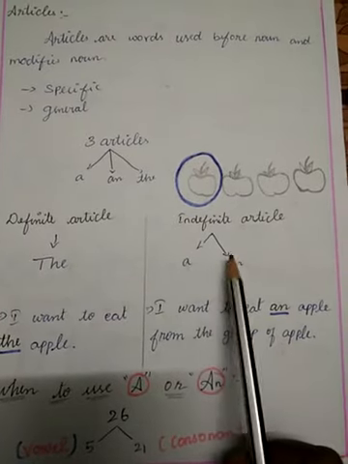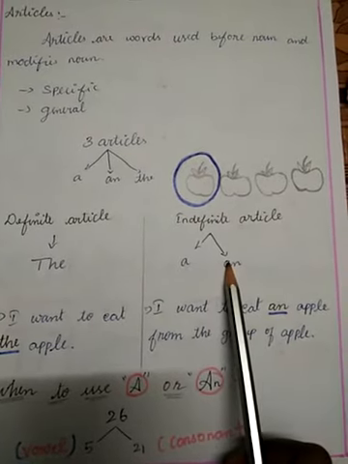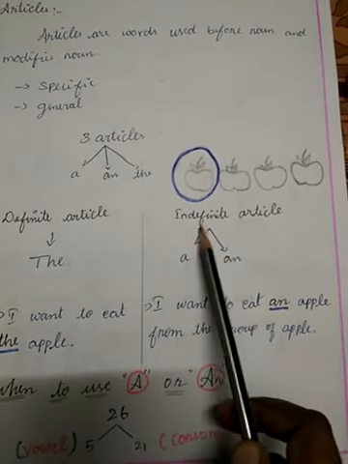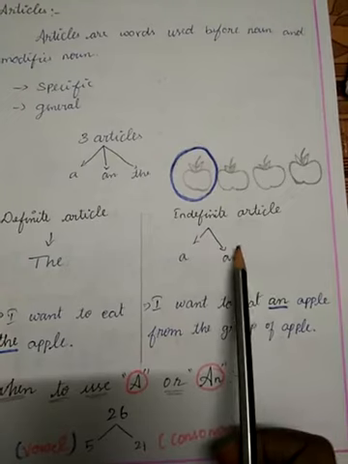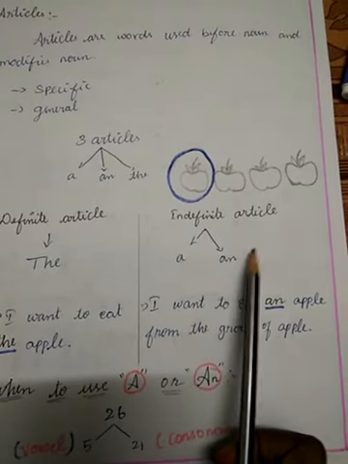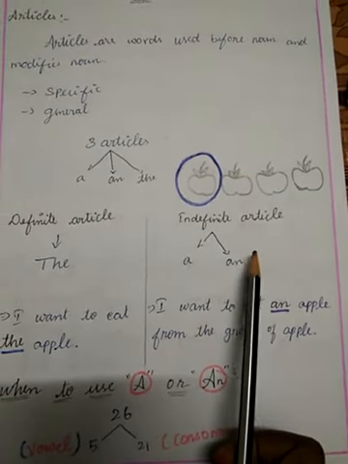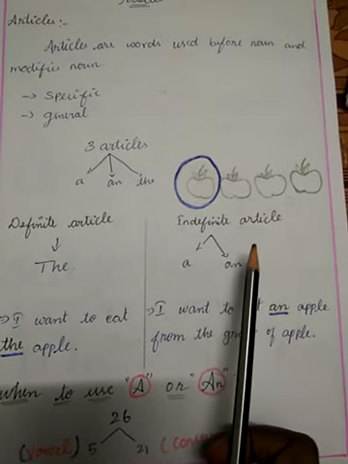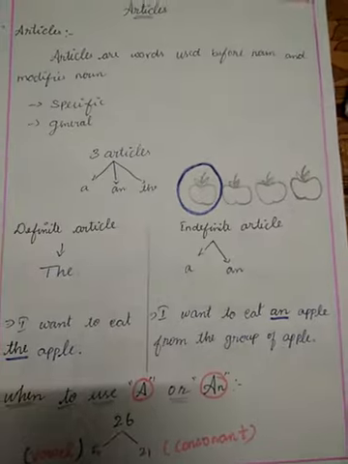Articles a and an come in the list of indefinite articles as they don't show any uniqueness or specific thing. Instead, they show that the thing is being said in general.